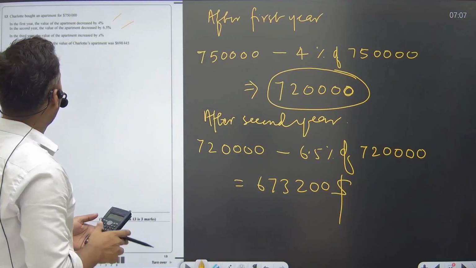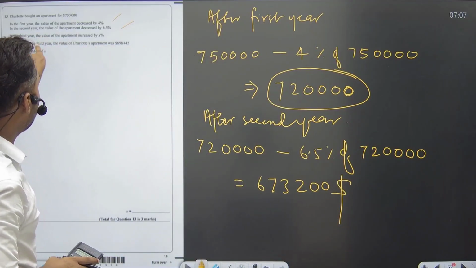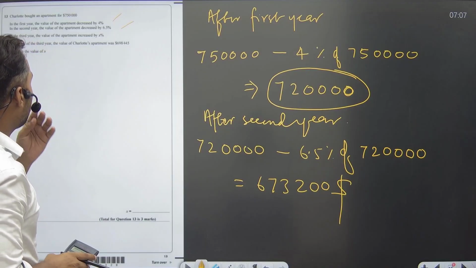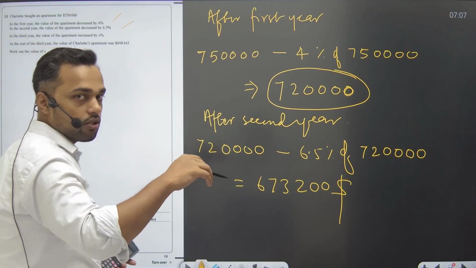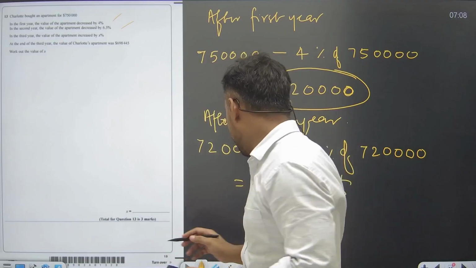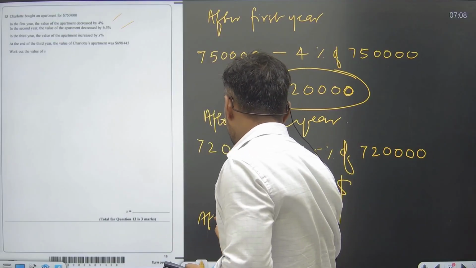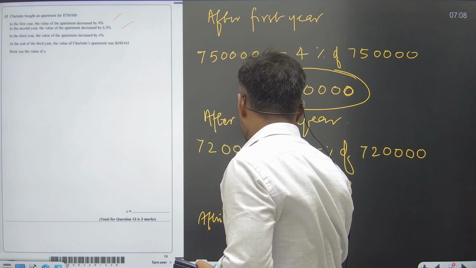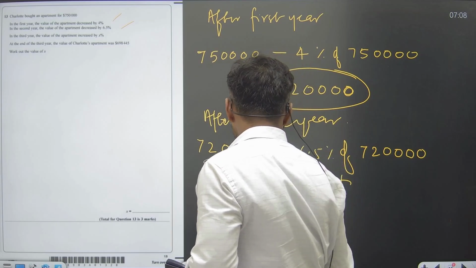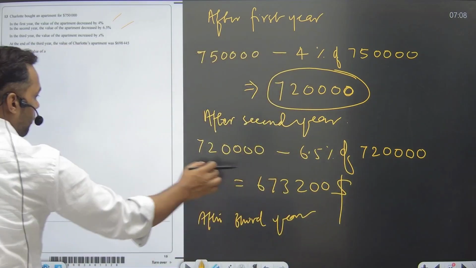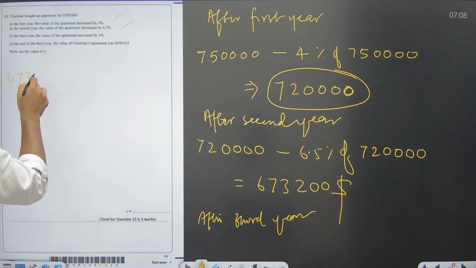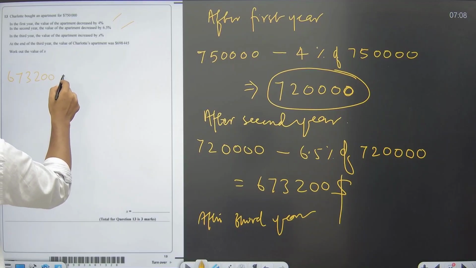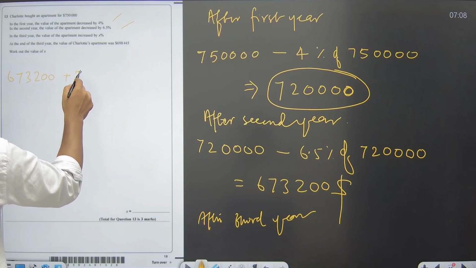Okay, now in the third year, the value of the apartment increased by X%. Now this particular amount is increased. So after the third year, here you need to write after third year, this amount will be considered now: 673,200 plus X% is increased.